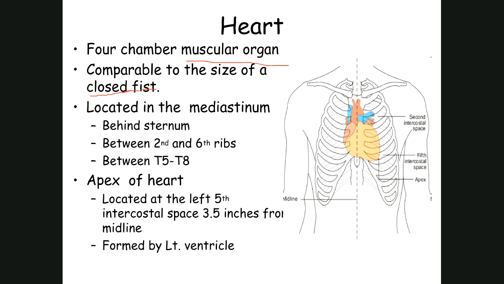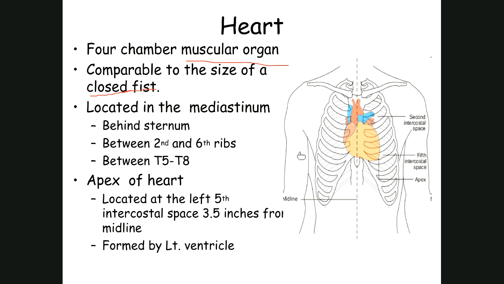Okay. So where is it located? The area where the heart is present, see this diagram, this area is called the mediastinum of the heart. So where is this area present?